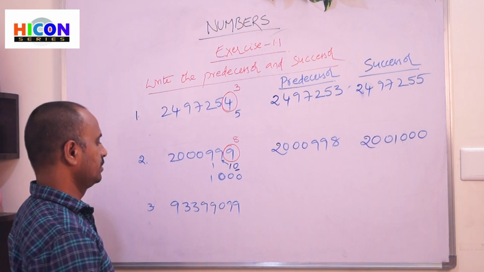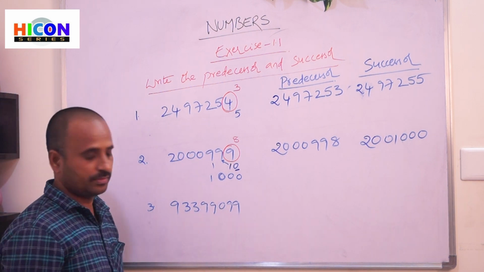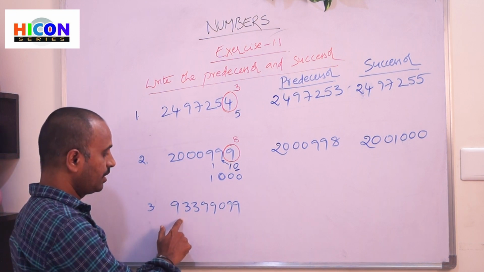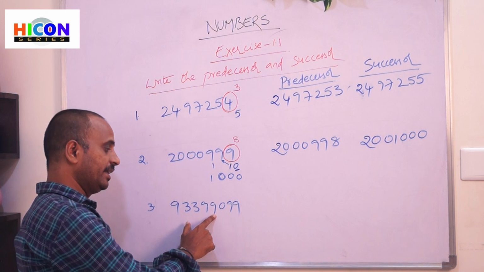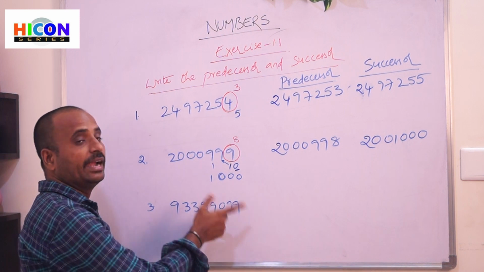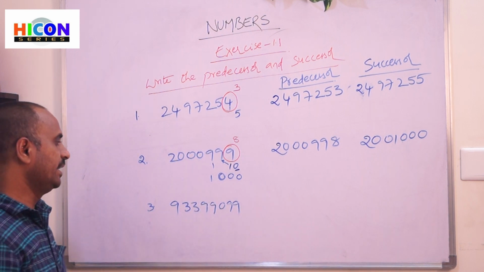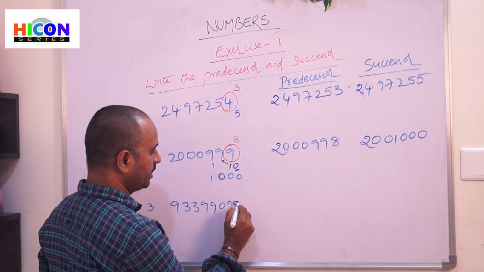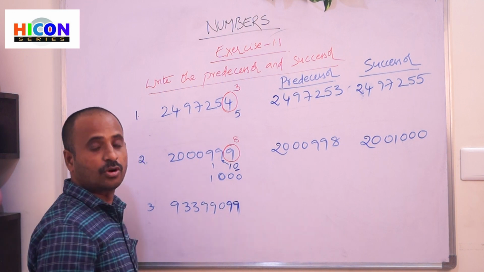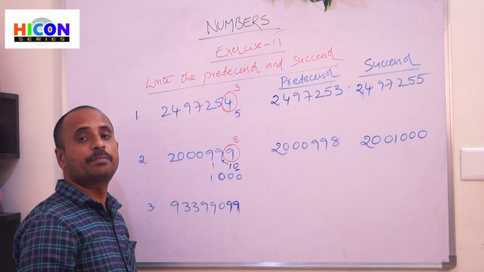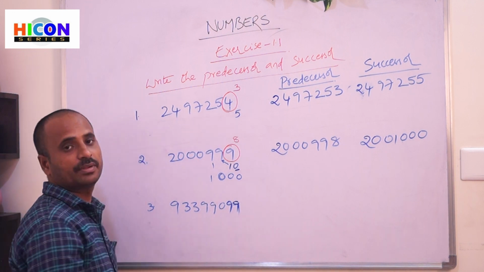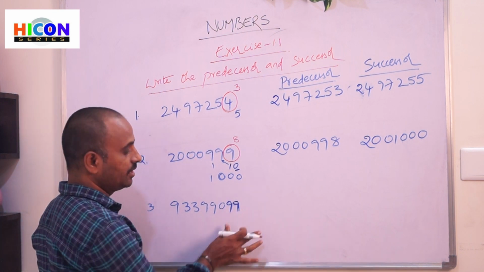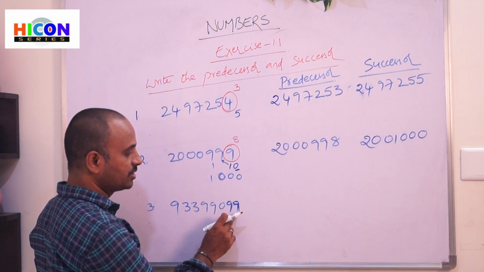So children, look at the third problem. The given number is 9 crore 33 lakh 99,099. Write the predecessor for the given number. How can we obtain the predecessor? By subtracting 1 from the given number. So take the last digit, that means the digit present in the ones place.